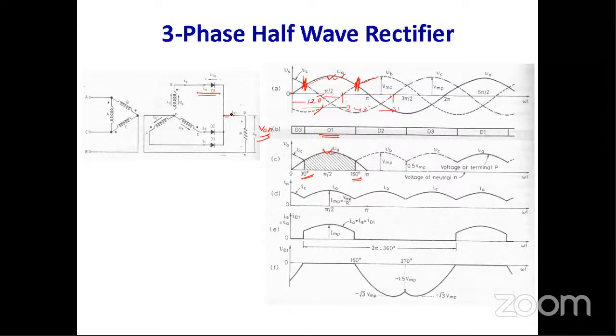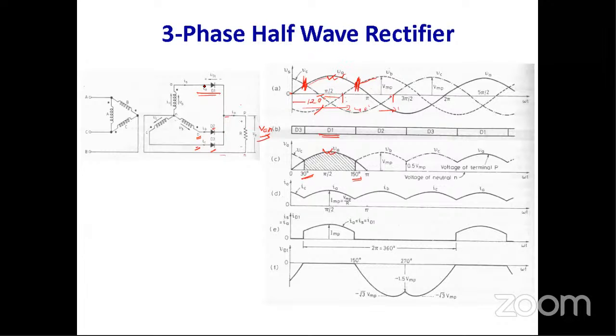When diode D1 is on, diodes D2 and D3 will automatically be in reverse bias. Why? Because diode D2 is connected to phase B and diode D3 to phase C, and in that region VA is higher than VB and VC.